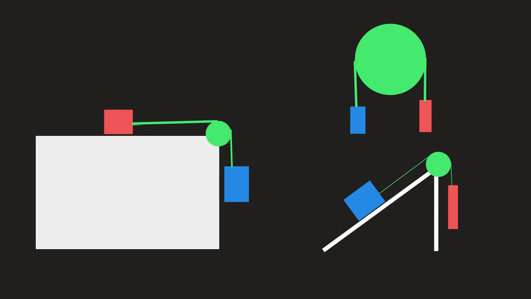So whether we have an object on a table with something hanging off the edge, that's one kind of, this is called a modified Atwood machine. This is a modified Atwood machine. This is just known as an Atwood machine.